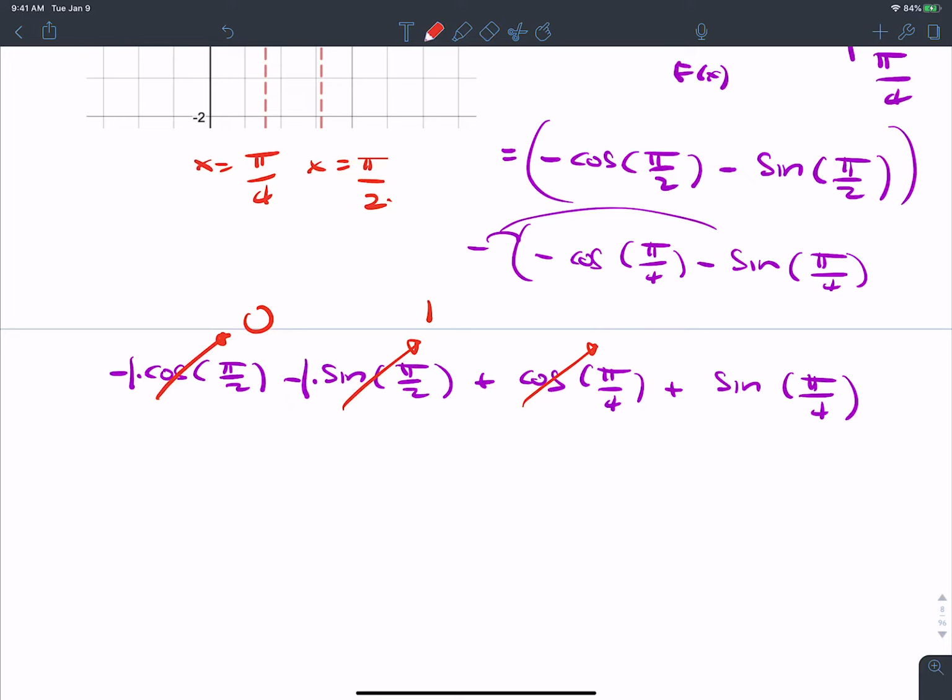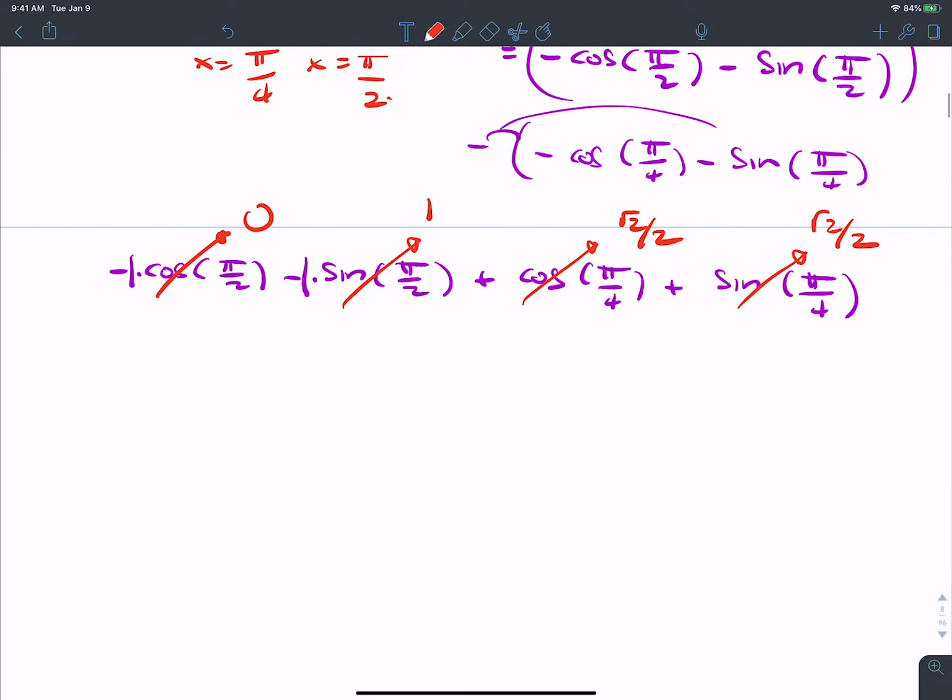Square root of 2 over what? What's sine 45? Square root of 2 over 2. So at this point, we could just simply say, looks like it's going to be negative 1 plus the square root of 2 over 2 plus another square root of 2 over 2. Final answer would be the square root of 2 minus 1.